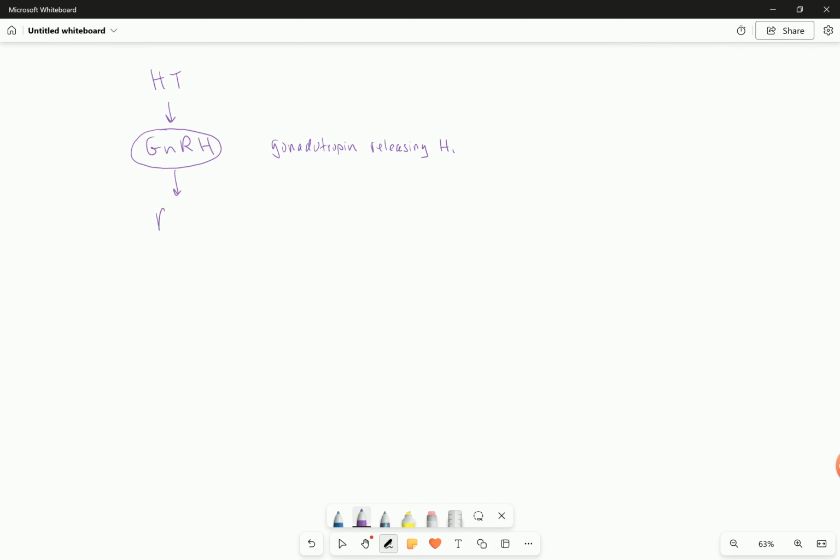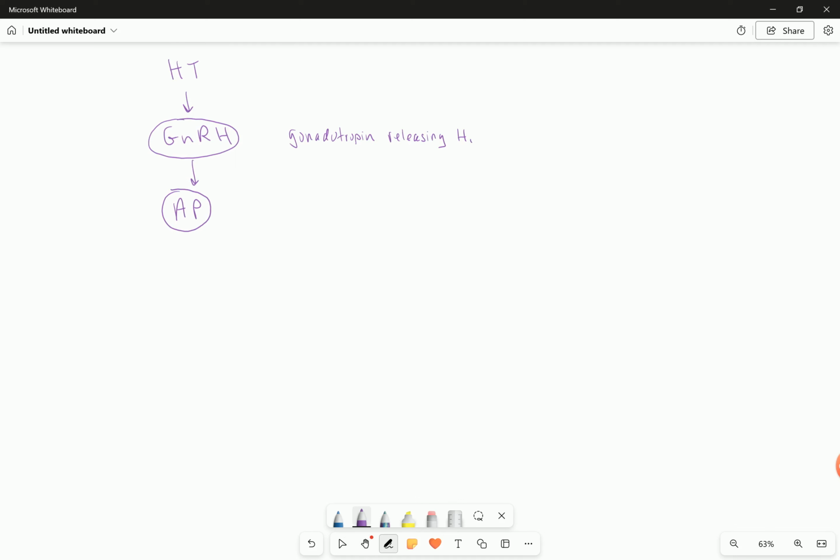Okay, that goes to the anterior pituitary gland and causes it to release follicle stimulating hormone and luteinizing hormone.